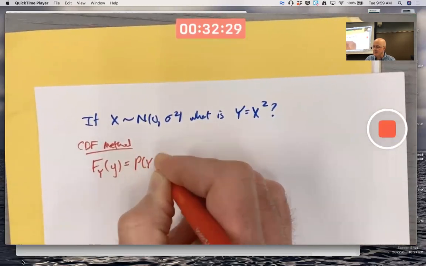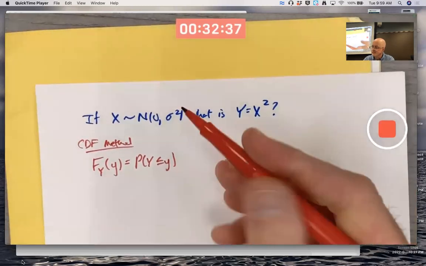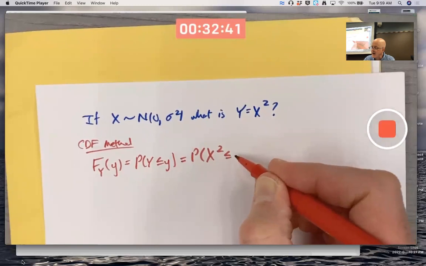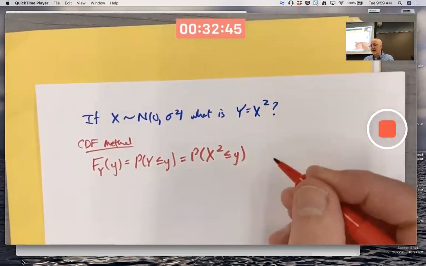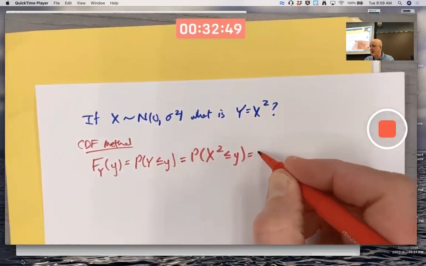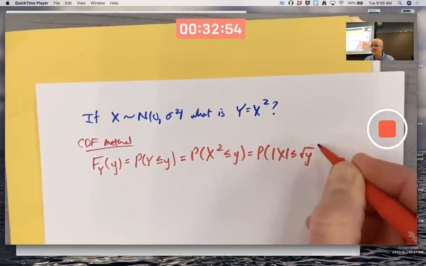As always, it's this probability. But Y is X squared. X can take on positive or negative values. This is really equivalent to the probability that the absolute value of X is less than or equal to the square root of Y.